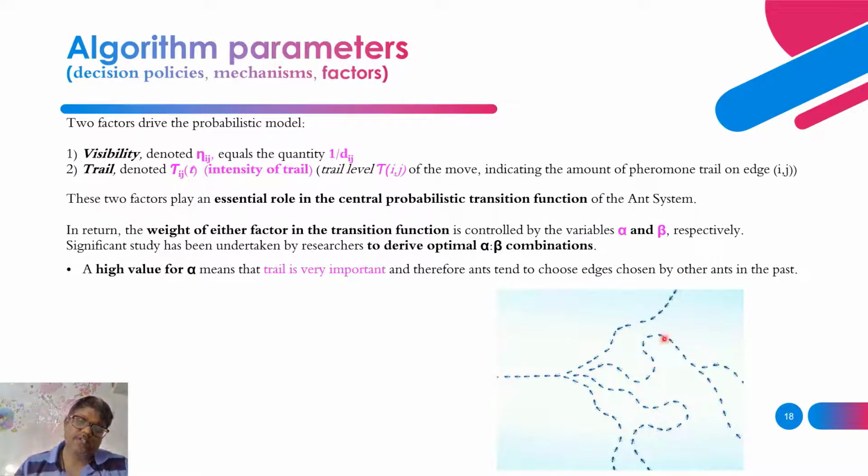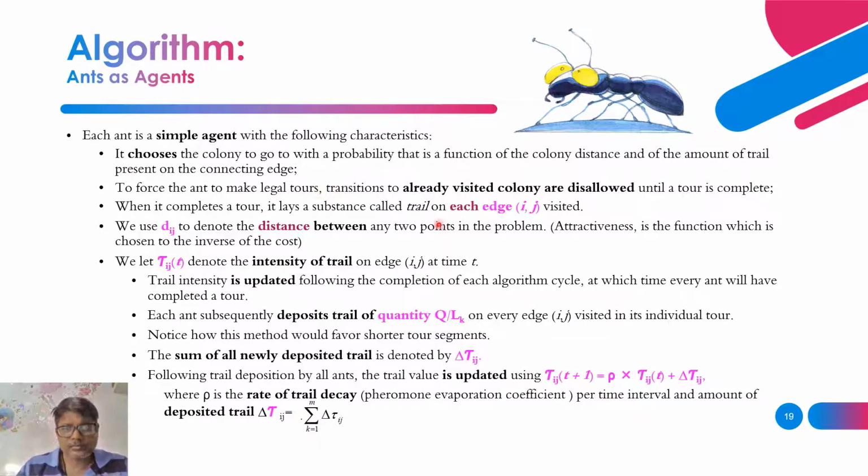This is your nest and this is your source, and these different paths are formed by the edges. Each and every edge will have a weight value that we call trial, a substance called trial.